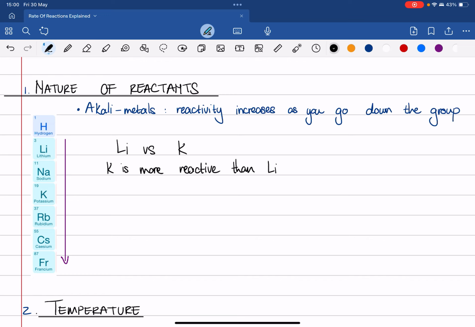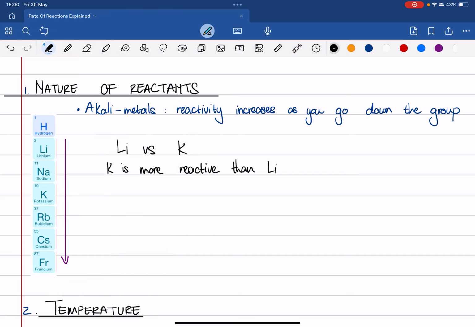That's what this statement is telling us, all right? So this is important because you will get questions where you're comparing two different reactions where maybe, for example, in one reaction you use lithium and in the different reaction you use potassium, and you want to figure out which one is more reactive, okay?